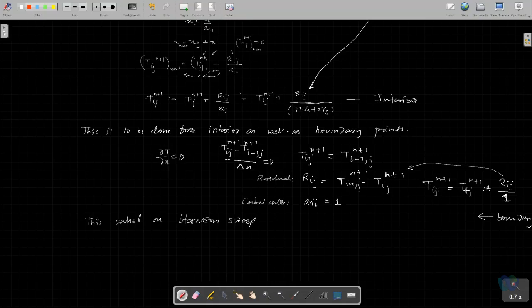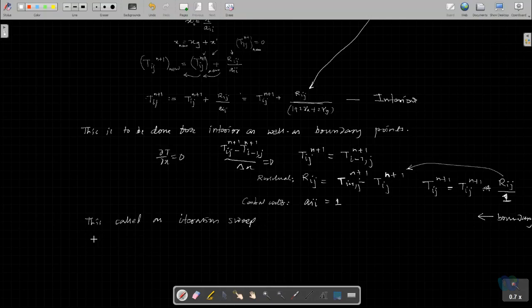And accordingly, this should be a right boundary condition if you are taking backward. But you understood the meaning of what I'm trying to say here. Okay. So based on the problem, you should be in a position to find out Rij and Aii for that particular equation.